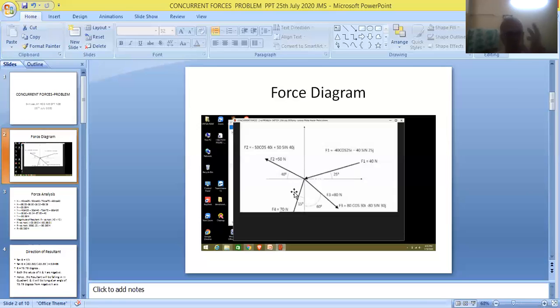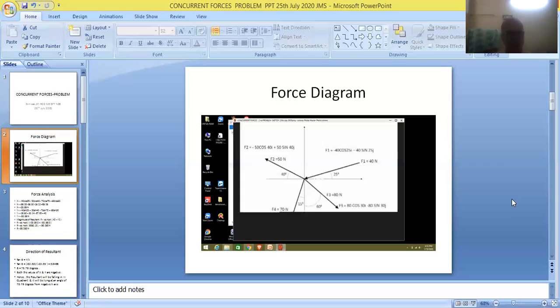Selection of correct angles matters. The angle made by forces with reference to the horizontal must be taken as these angles, theta 1, theta 2, etc. So we have to be careful while selecting angles, indicating components, directions of components, and plus and minus symbols for components.